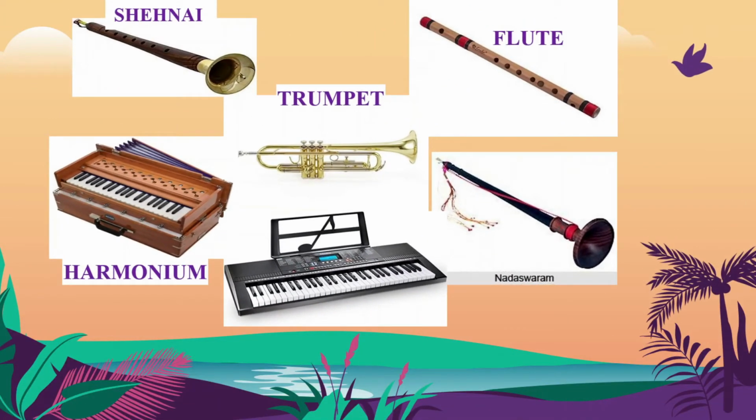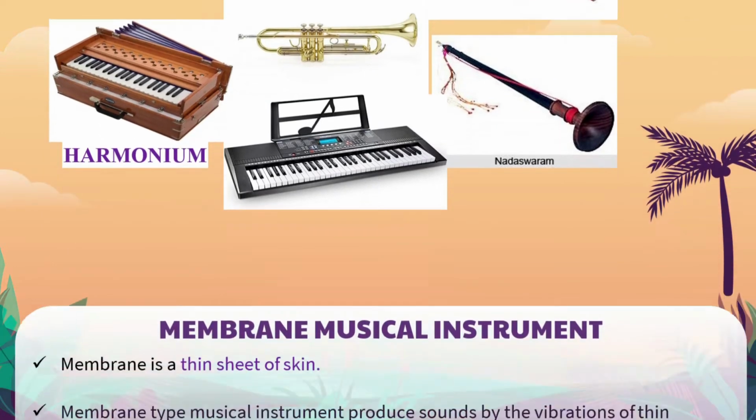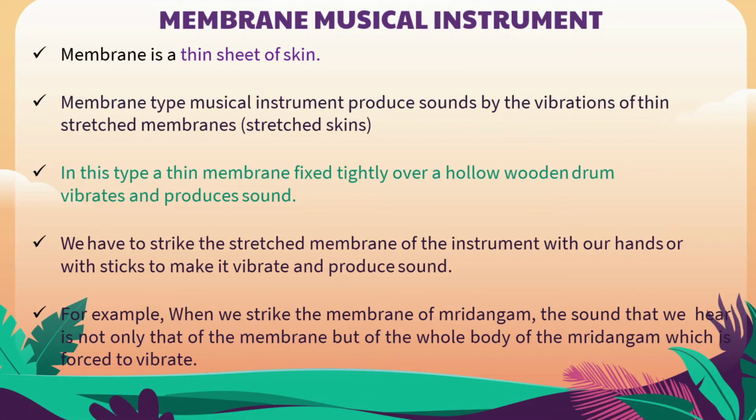So what are the other examples of wind type instruments? Shanai, flute and trumpet, harmonium, keyboard and nadaswaram are some of the other examples of wind type musical instruments. Then membrane musical instrument. Membrane is a thin sheet of skin. Membrane type musical instruments produce sounds by the vibrations of thin stretched membranes like stretched skins.